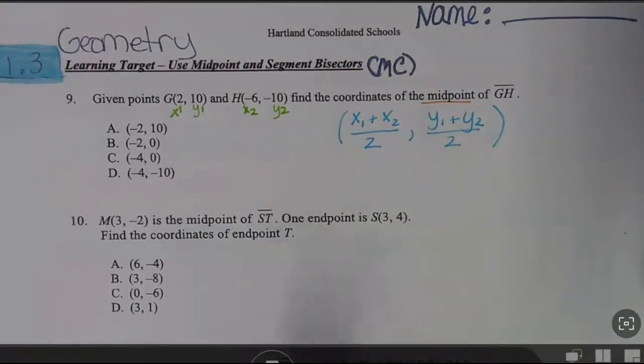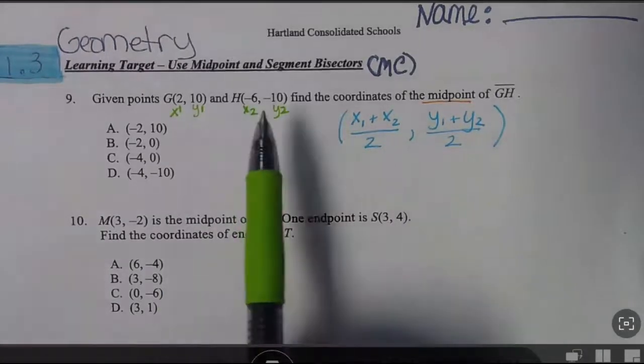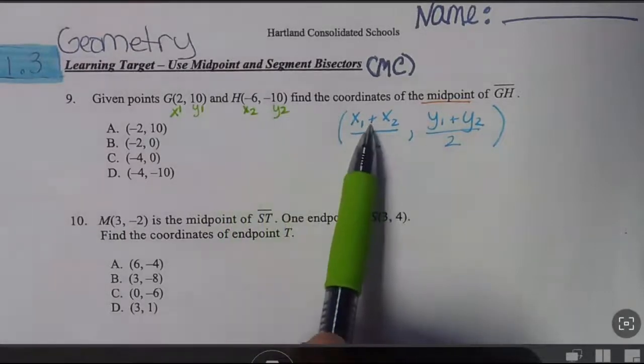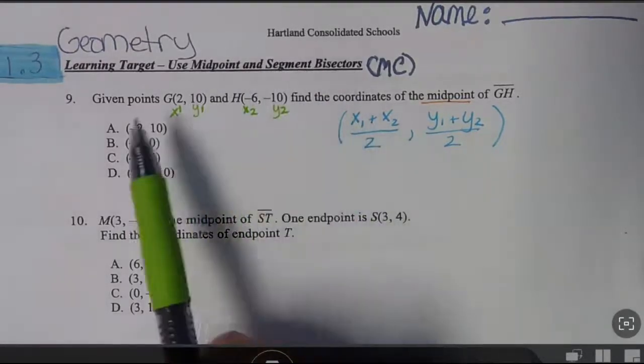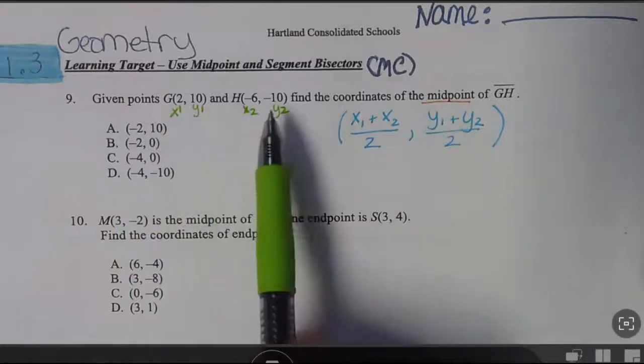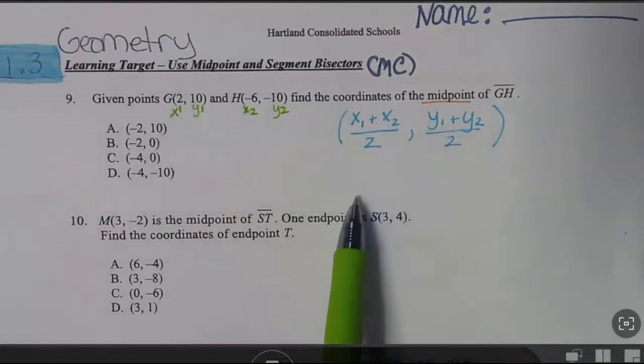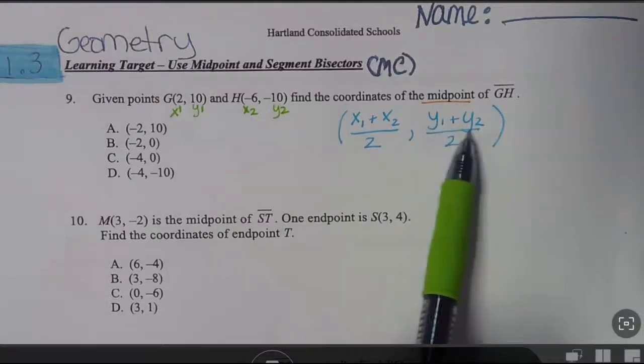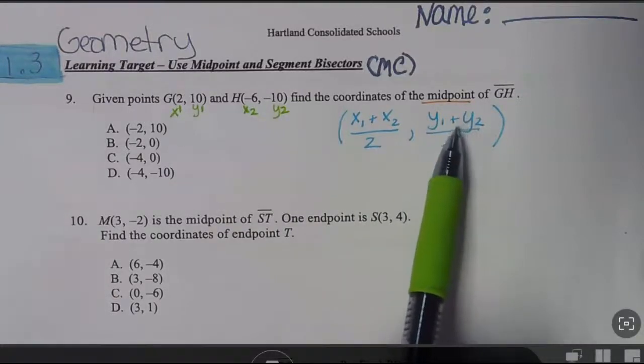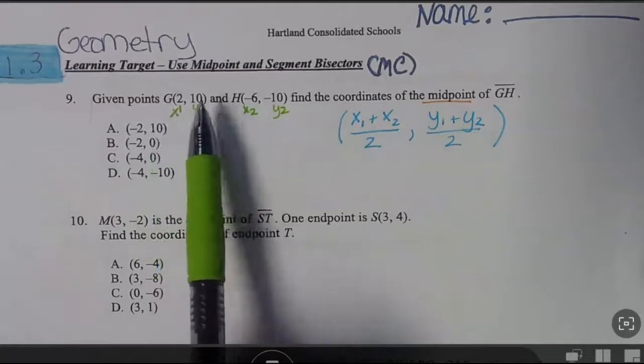So you are going to plug the numbers into the right spot. Be very careful of the positives and negatives because the formula is a plus sign, so you have to add positives and negatives across the top, divide by 2, and you get a new point. Same with the y coordinates, just be very careful to use the correct coordinates.